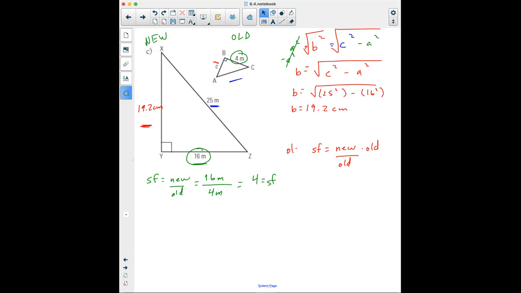Multiply both sides by old. Divide both sides by scale factor. That new side is 19.2 centimeters. Again, don't round our intermediates. Divided by our scale factor of 4 gives us that side C, old, sorry, I should say. Old is going to be 4.8 meters.